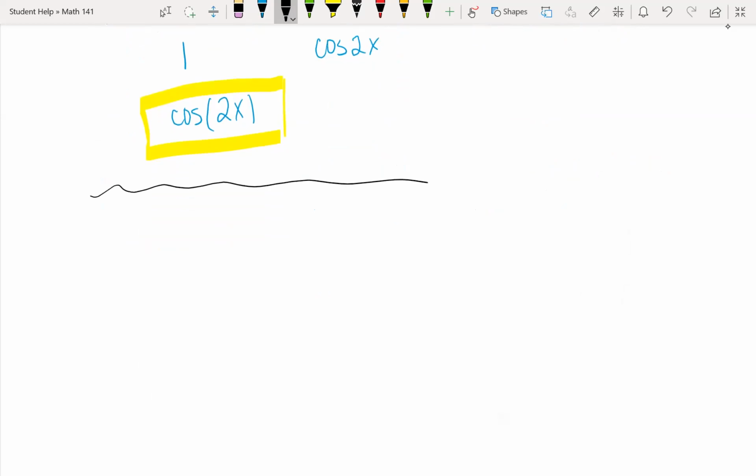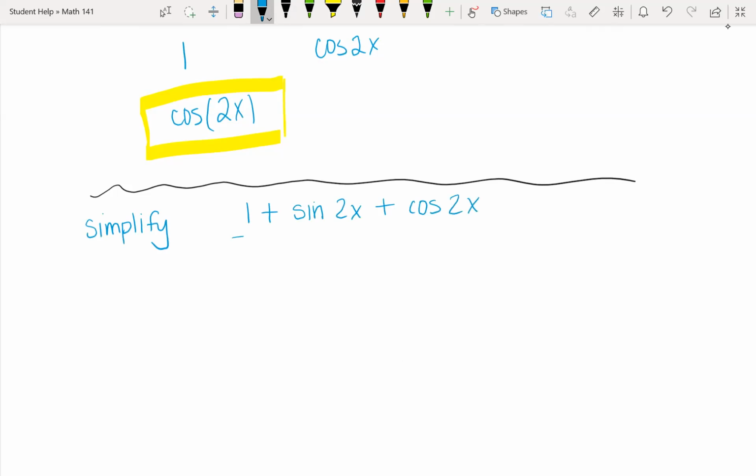Okay, one more problem. Let's simplify. This one's going to look really yucky to start: 1 plus sine of 2x plus cosine of 2x over 1 plus sine of 2x minus cosine of 2x.